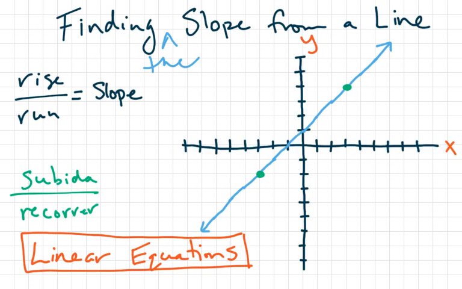In Spanish it's a little hard to translate, but in English it's rise over run: how much it goes up or down over how much it goes left or right.